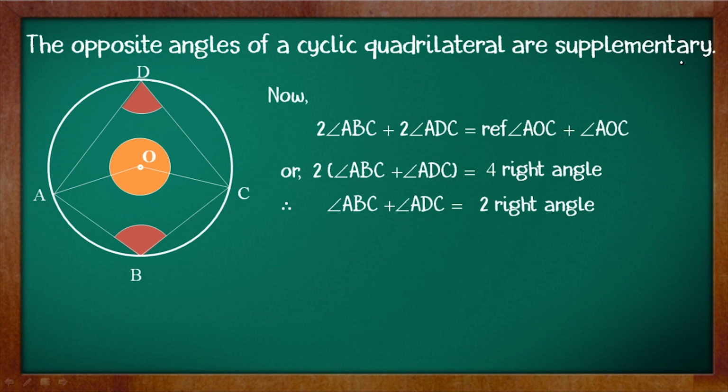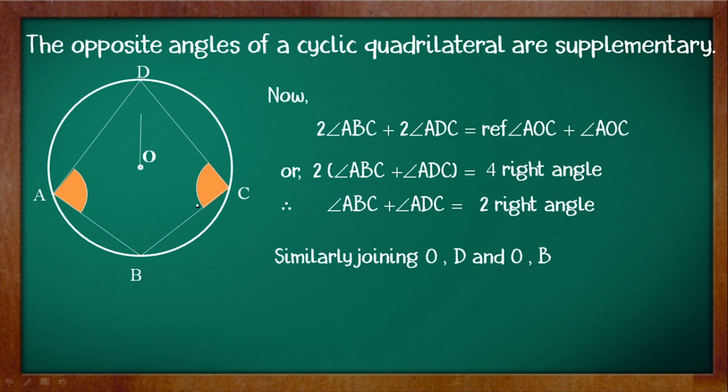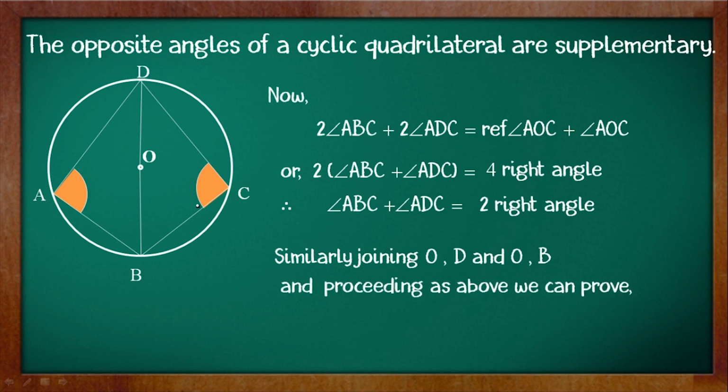For the next part, we need to prove that angle BAD plus BCD will also give us 2 right angles. To prove that, similarly, we'll join OD and OB, and proceed as before: this is the angle at the center and this is the angle at the circumference.